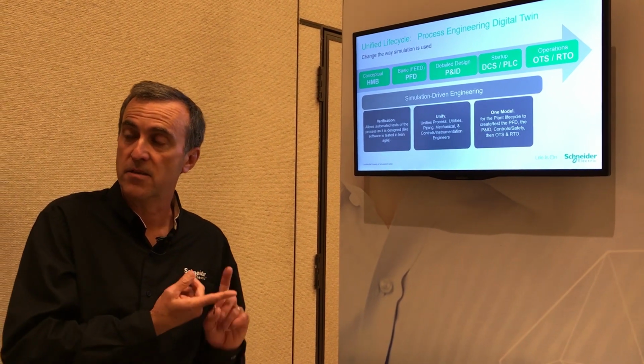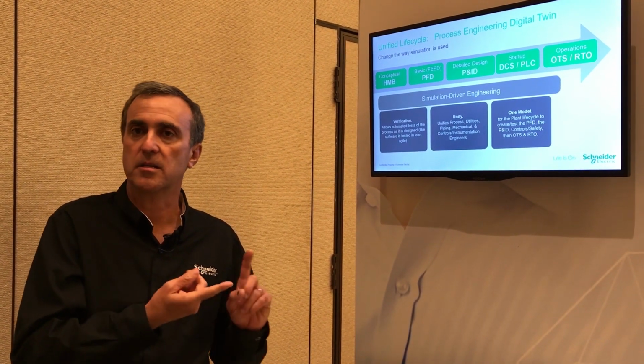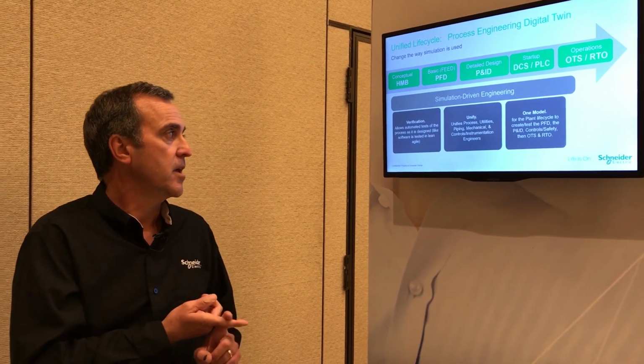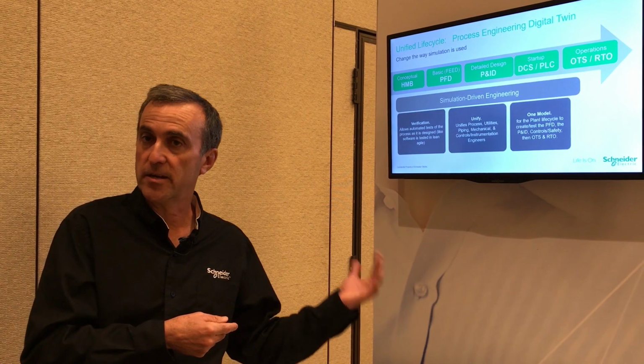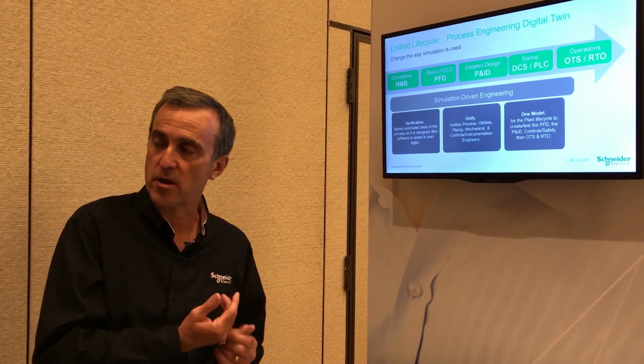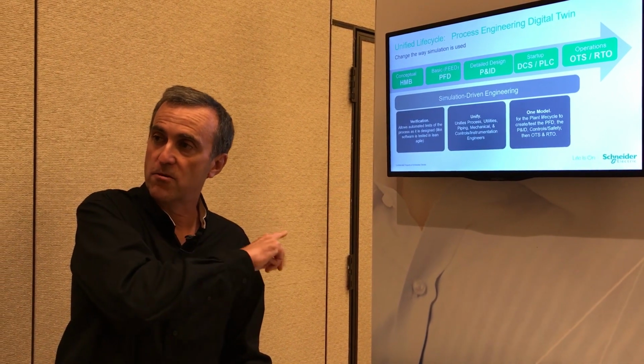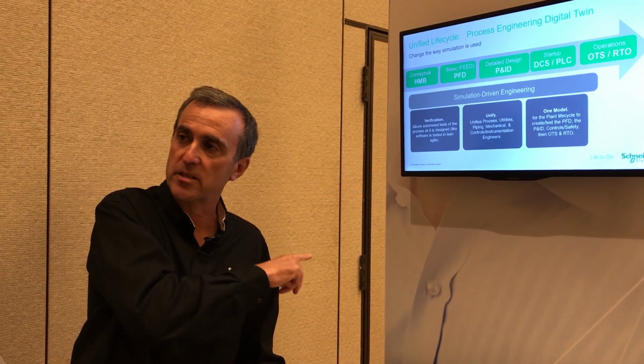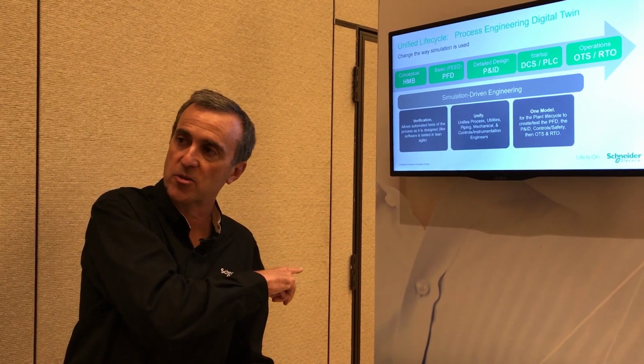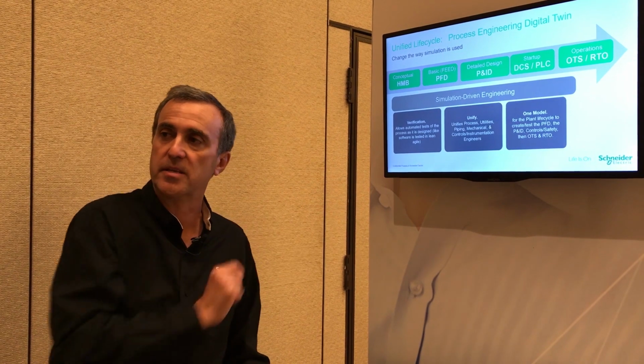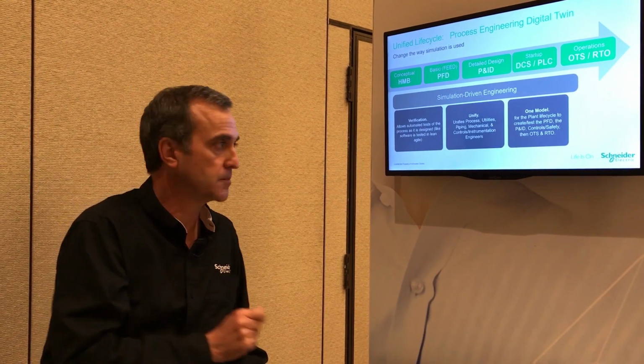It provides verification that the plant will operate as expected, that it'll produce the quality product you expect, and that it's safe. It unifies the different engineering disciplines, like the process engineer and the mechanical engineer, because they can collaborate on the same model. And this is all possible because of the new platform approach, where you have a single simulation model that starts during conceptual engineering and ends up in detailed engineering and operations.